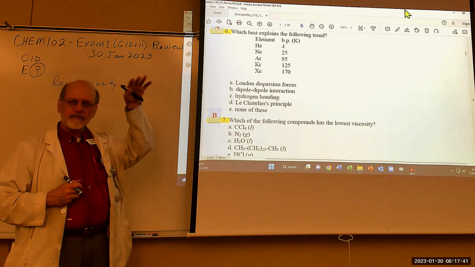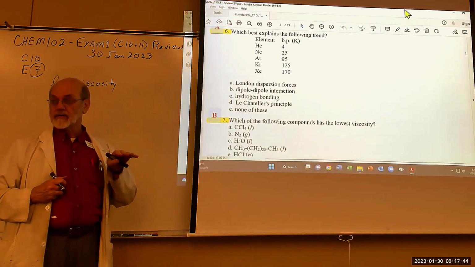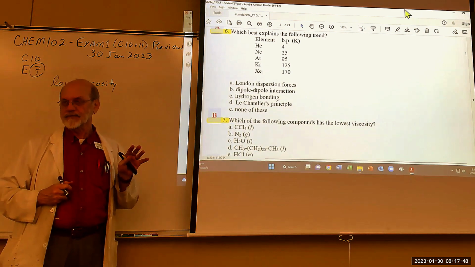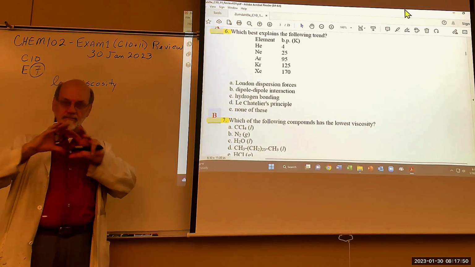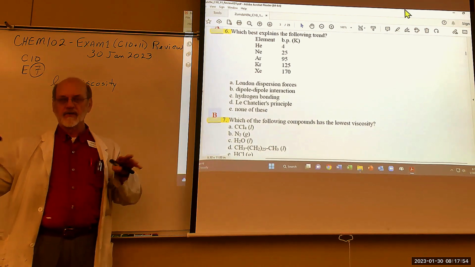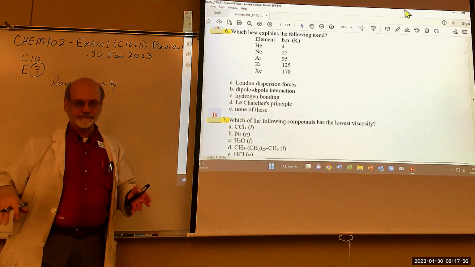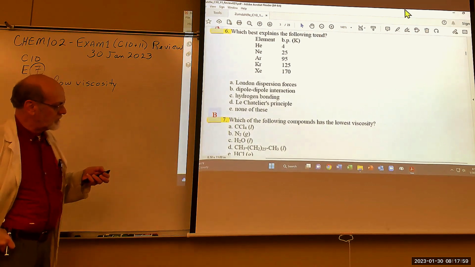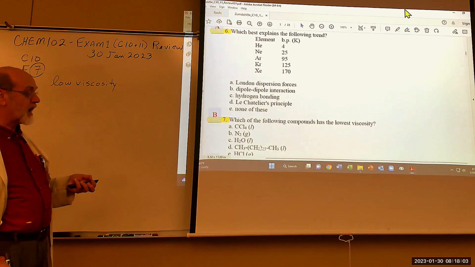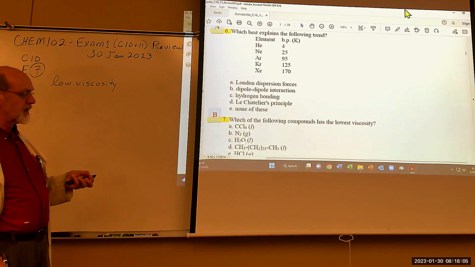As the hydrocarbons get bigger, bigger and bigger, their boiling points and melting points increase. Because that same thing, bigger molecule, you can have redistribution of electron density much more easily and widely. So this one's going to have a higher boiling point and viscosity because of the attractive forces.